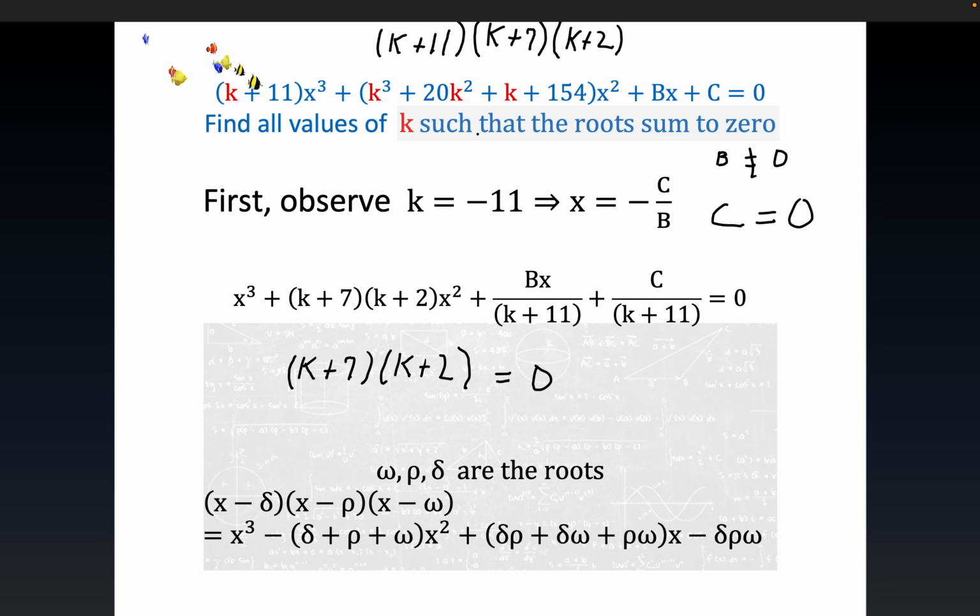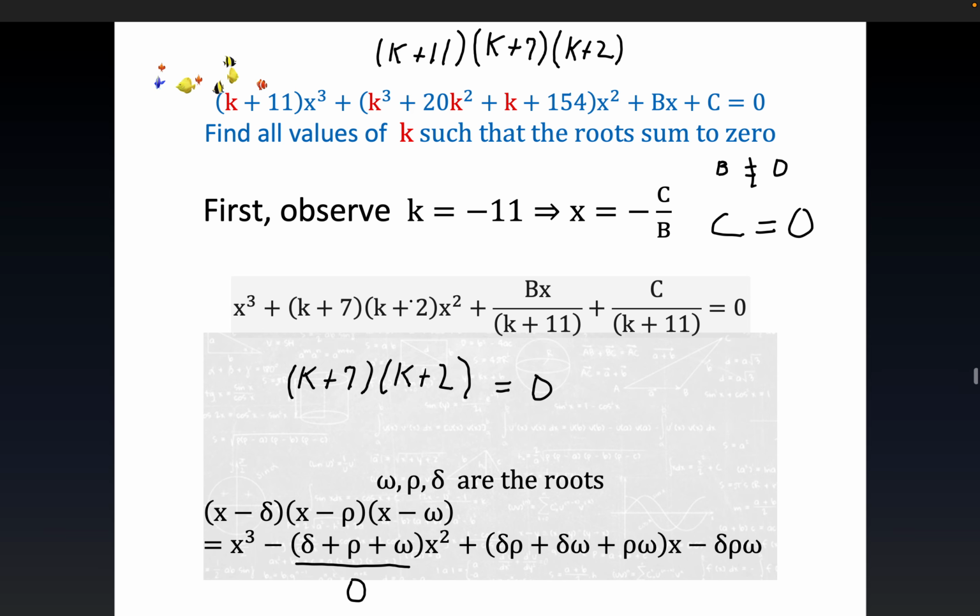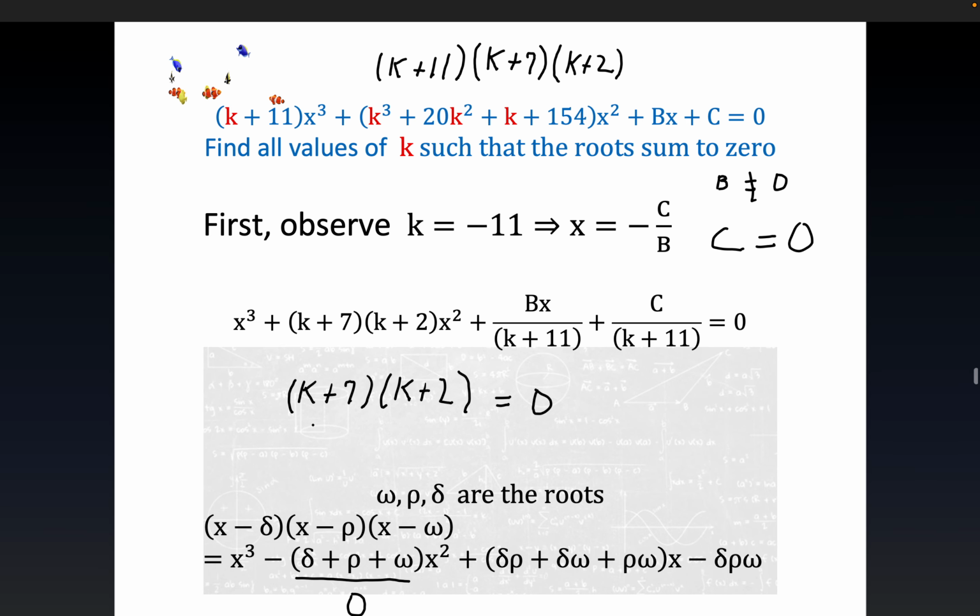Find all values of k such that the roots sum to 0. Well, here's your roots, and they have to sum to 0. This is the special case situation for this particular problem. But anyway, we see quickly that k is equal to negative 7 or negative 2.